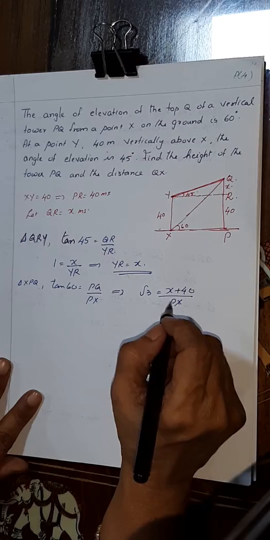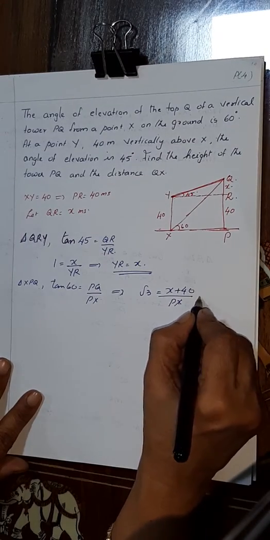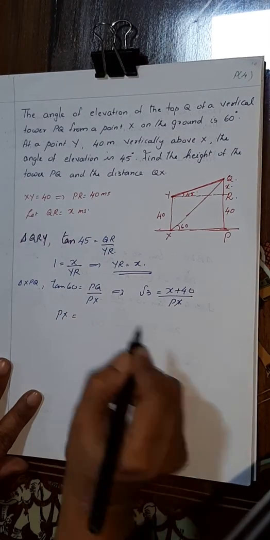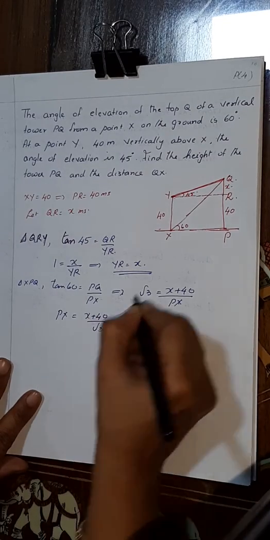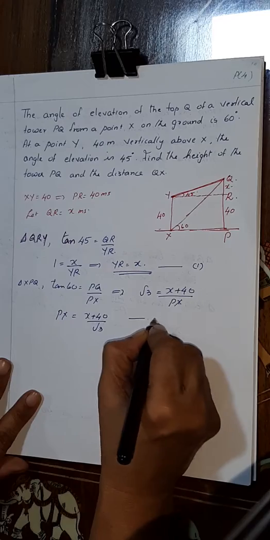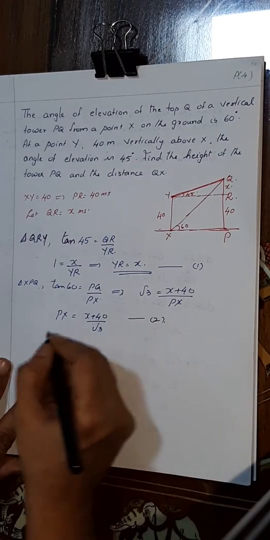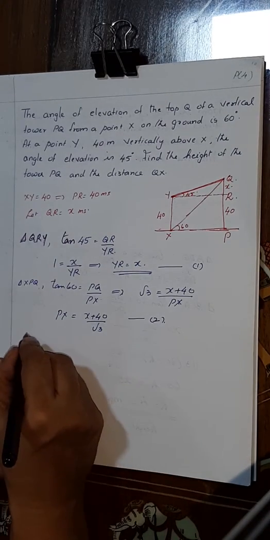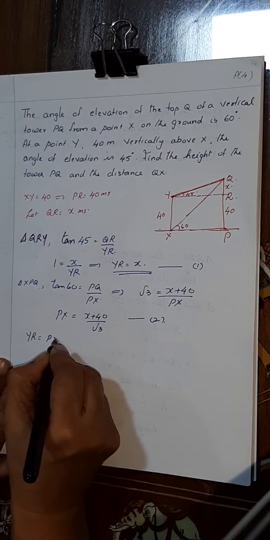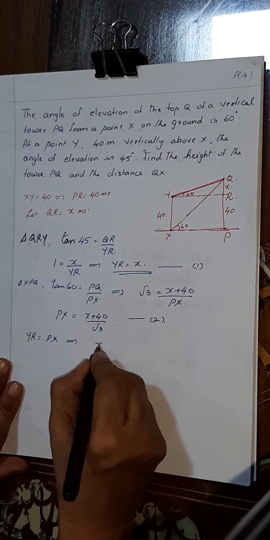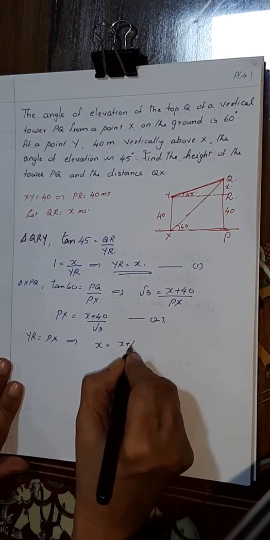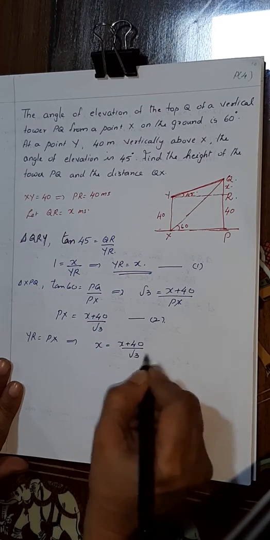So, PX and YR are the same. So, PX is equal to (x plus 40) by root 3. YR is equal to PX, therefore x is equal to (x plus 40) by root 3.